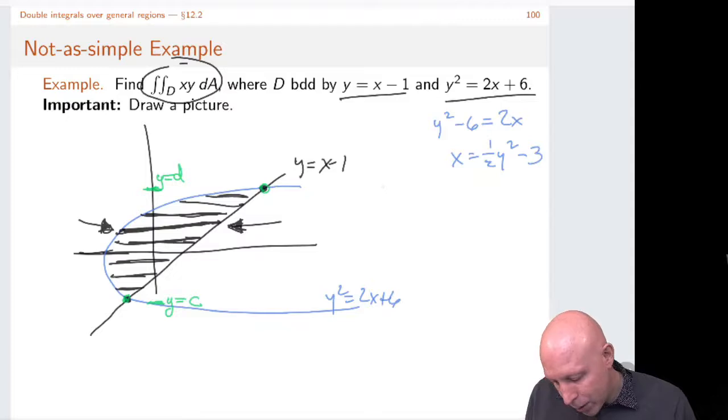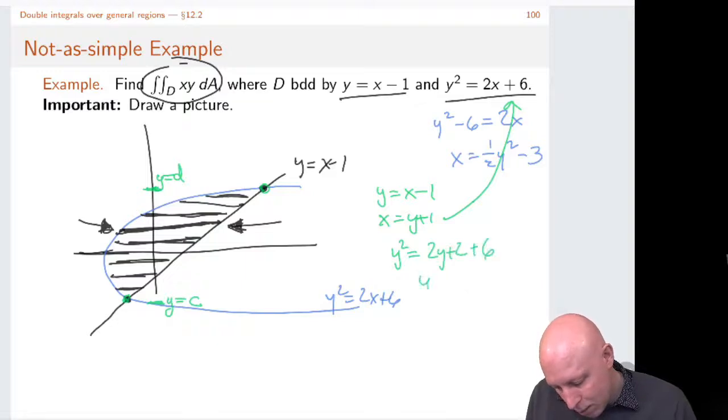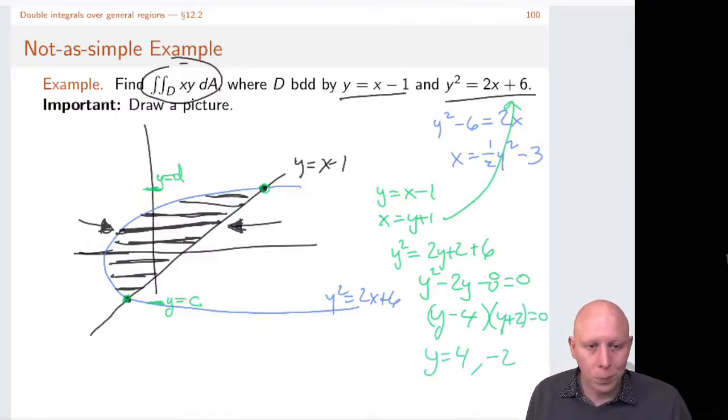So in this case, if y is equal to x minus 1, we want to solve for x, so x is equal to y plus 1. We'll plug this in here. So we have y squared is equal to 2y plus 2 plus 6. So y squared minus 2y minus 8 is equal to 0. So (y minus 4) times (y plus 2) is equal to 0. So y is equal to 4 or negative 2.